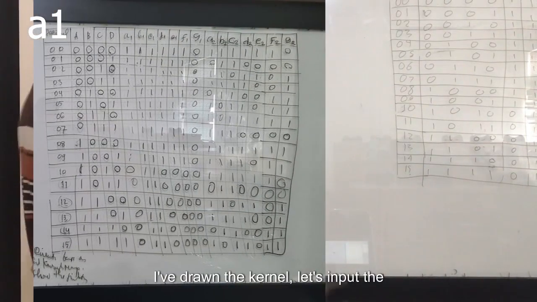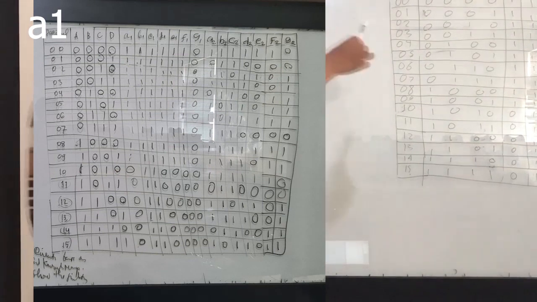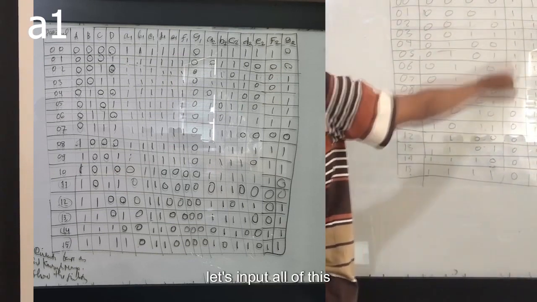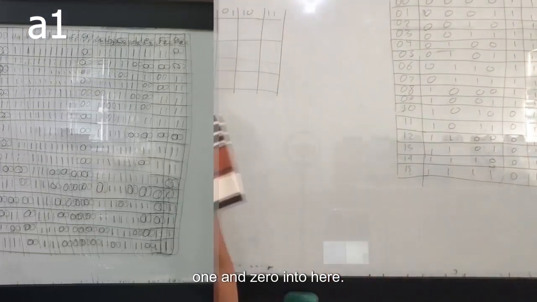Okay, I've drawn the Karnaugh map. Let's input all of this 1 and 0 into here.